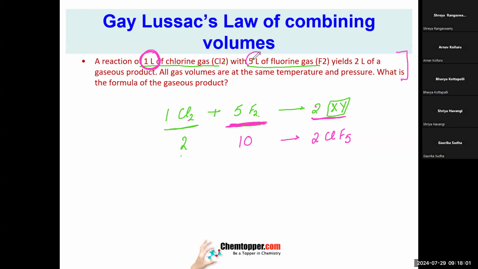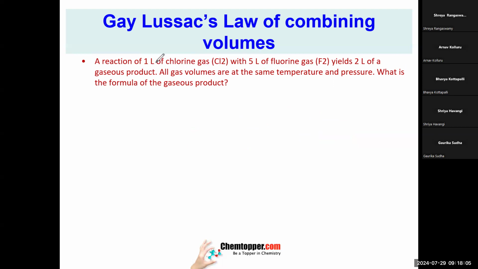Okay. So let's read the question again. There is a reaction of 1 liter of chlorine gas. You know, we said equal volumes have equal moles. If this is 1 liter, it's reacting with fluorine gas. This is 5 liters. So it means their mole ratio is also the same.